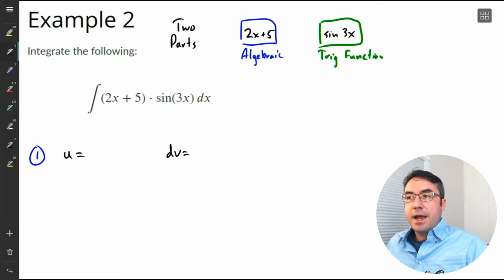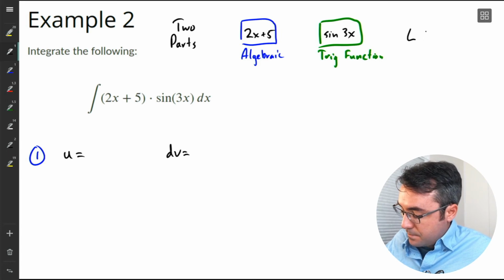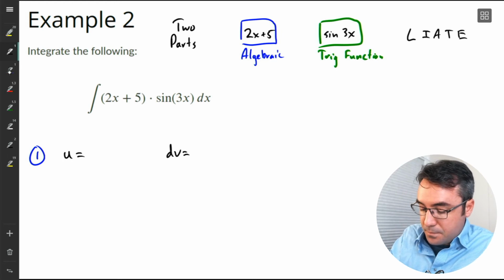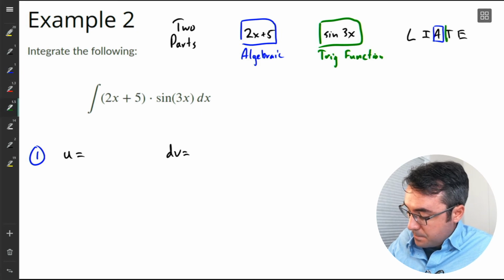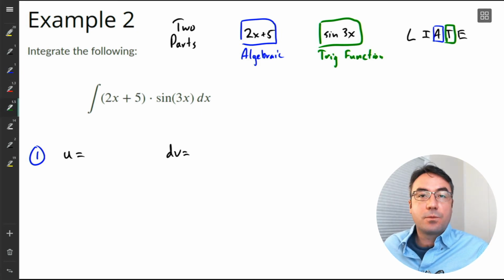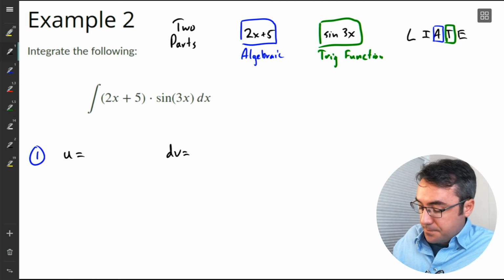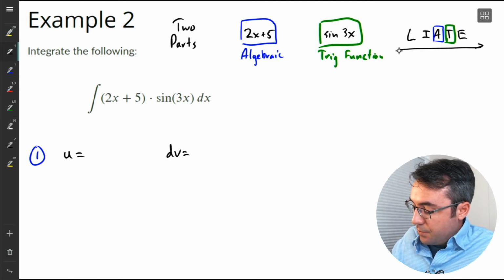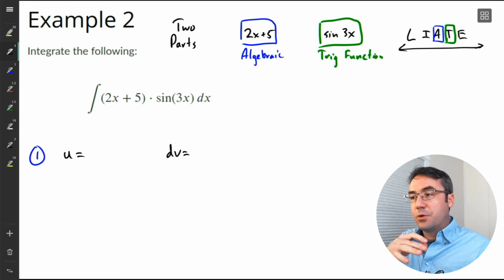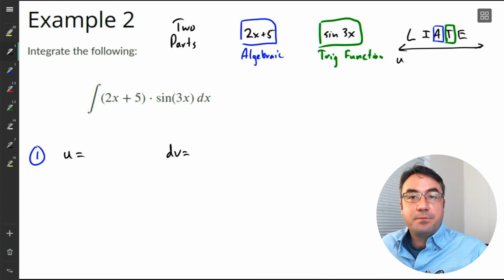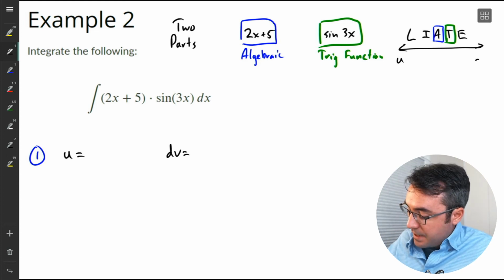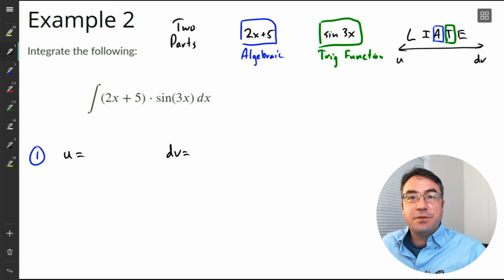And if we remember our acronym, algebraic functions are right there in the middle. Trig functions were right there. On this continuum, if we do it horizontally, the part of our function that's further to the left is what we pick for u, and the things that are further to the right are what we pick for dv.